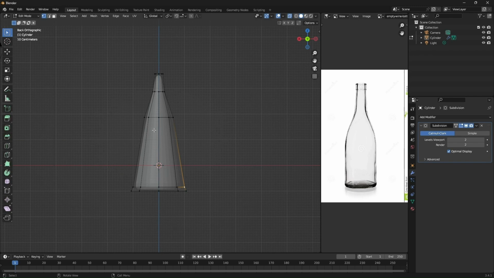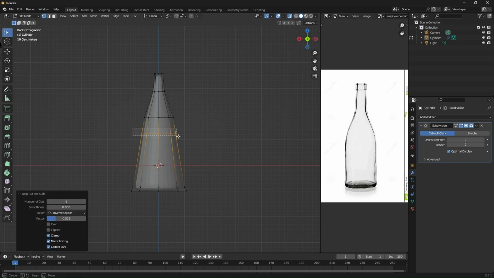Okay, so let's see what we have next. This bottle is kind of straight here, and then it curves. So let me add a cut to this model. I'm going to do Control R, and I'm going to go along this axis, and I think I should probably do it right around here.